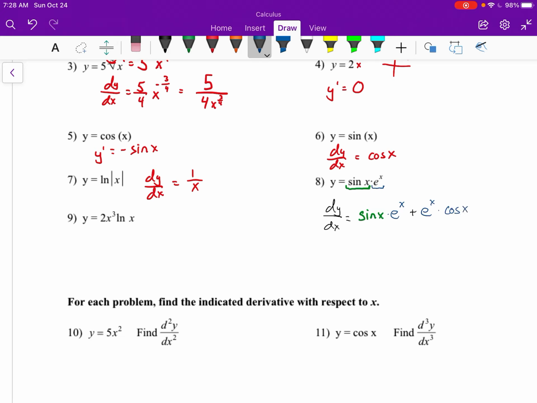So that's our answer. We could factor out an e to the x. So we have, this is e to the x times sine of x plus cosine of x.